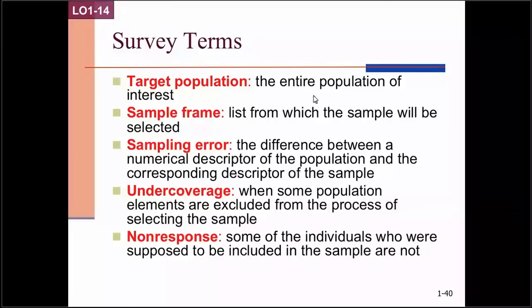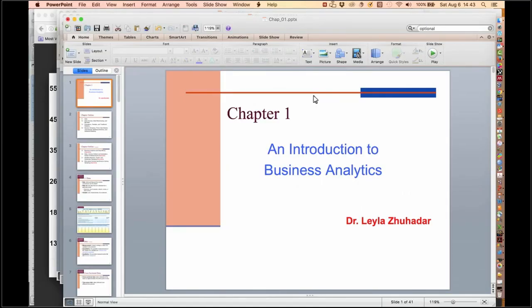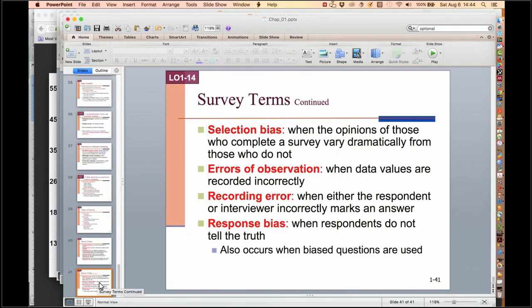Now, at the end of this chapter, there are plenty of terms. Please read them. I mentioned here some of them, but please pay attention to them. I'm going to add this PowerPoint I created to your week 1, so you can look at it or print it out, and it should be handy. Okay, so what else? I should mention here some of the terms.